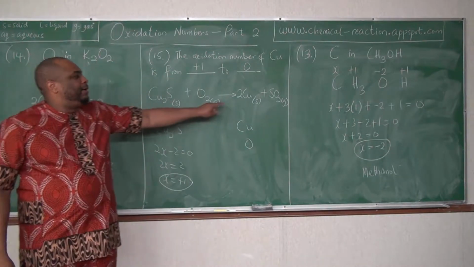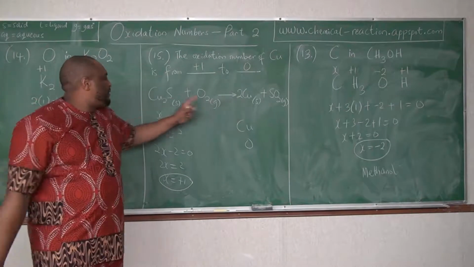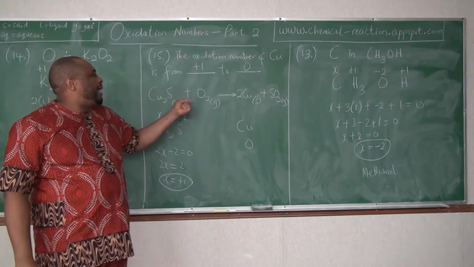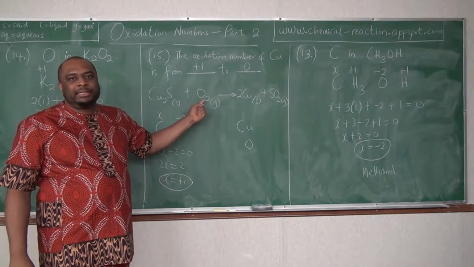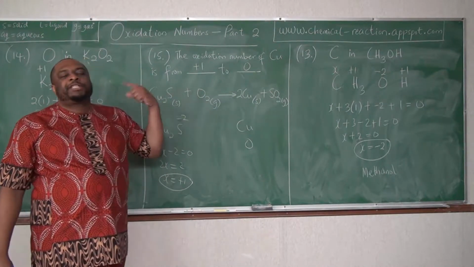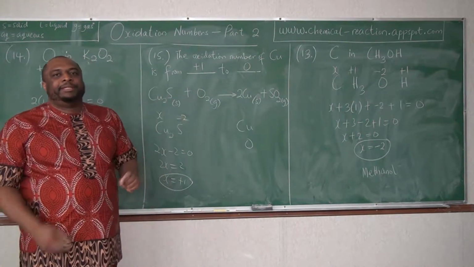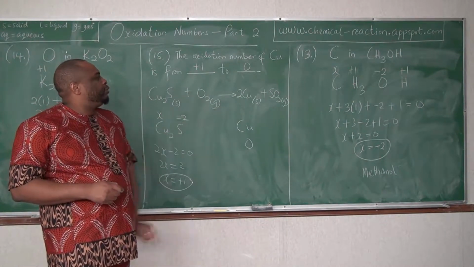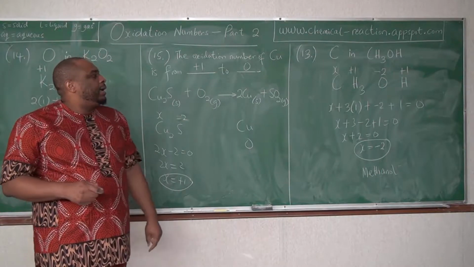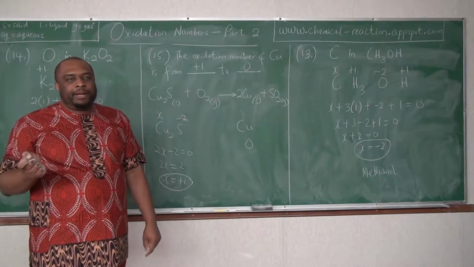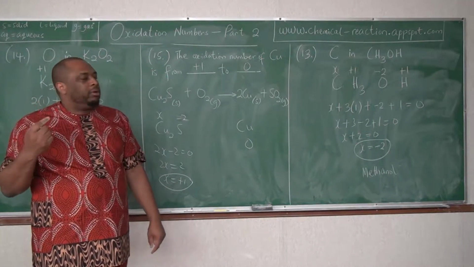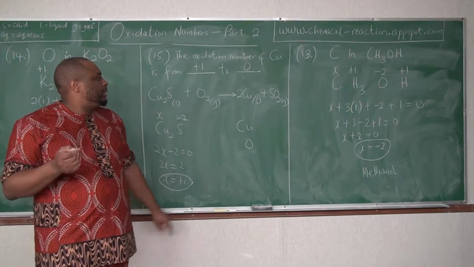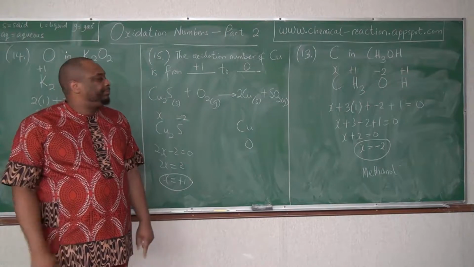Don't worry about the 2, this means 2 moles. This is 1 mole of solid copper 1 sulfide reacting with 1 mole of oxygen gas to give you 2 moles of solid copper and 1 mole of gaseous sulfur 4 oxide.